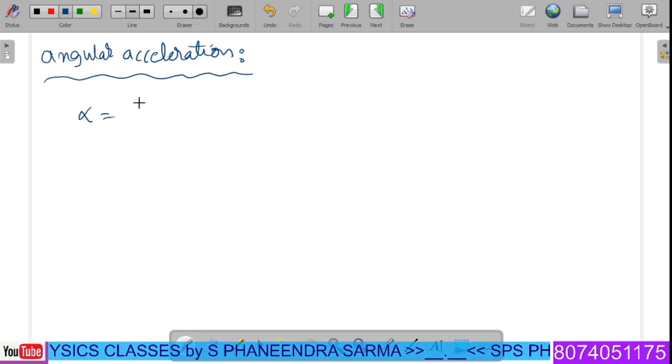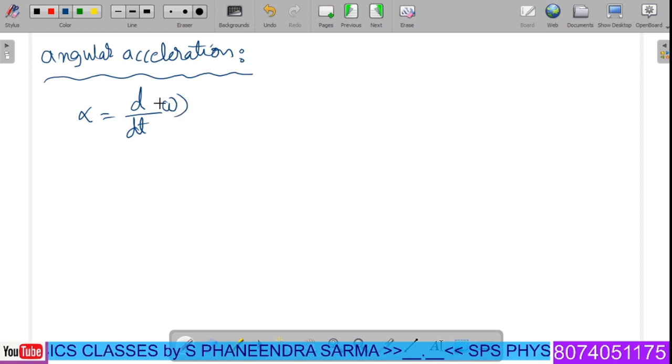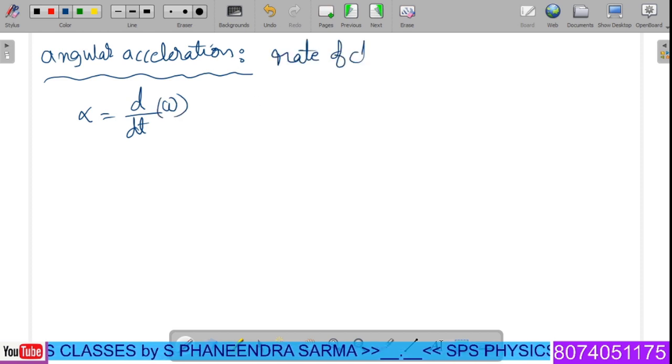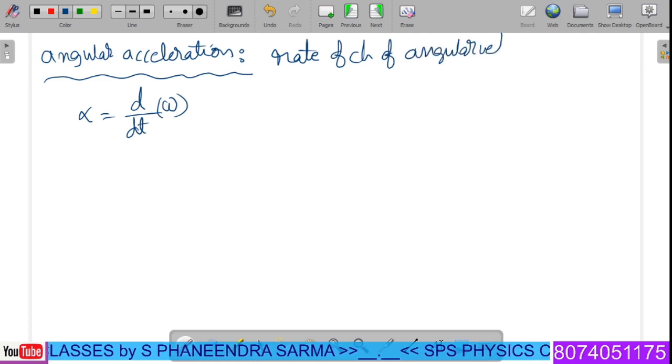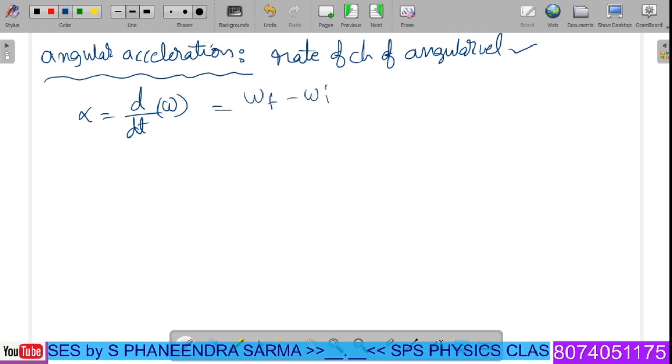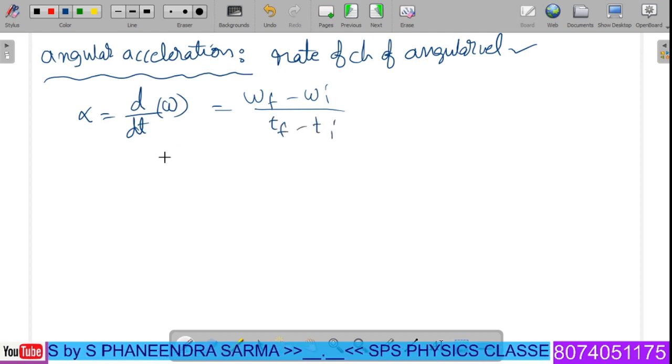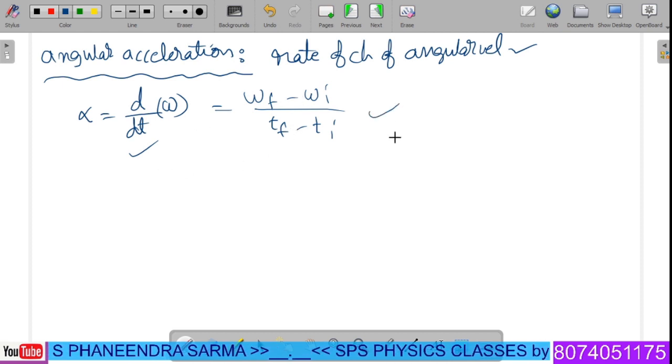This is defined as the rate of change of angular velocity. And this also equals omega final minus omega initial by t final minus t initial. This is applicable for instantaneous calculation, and this is applicable for average calculations.